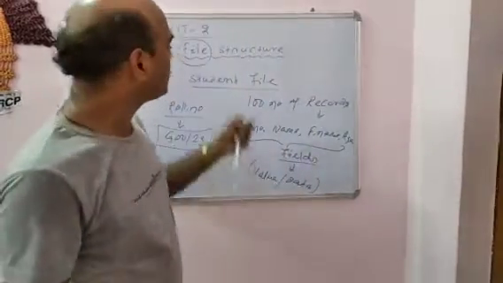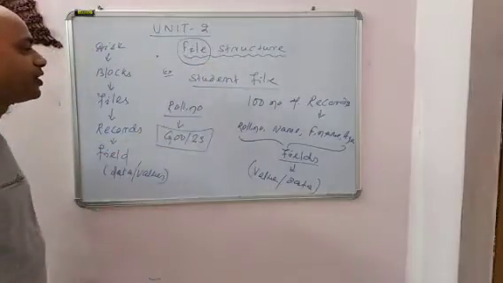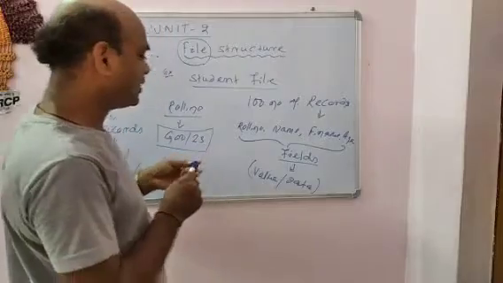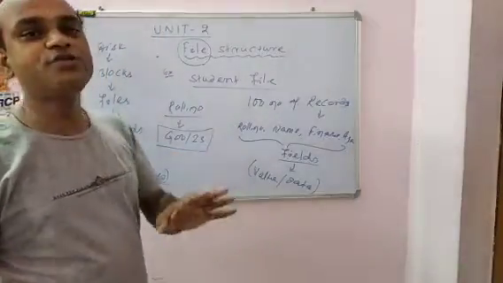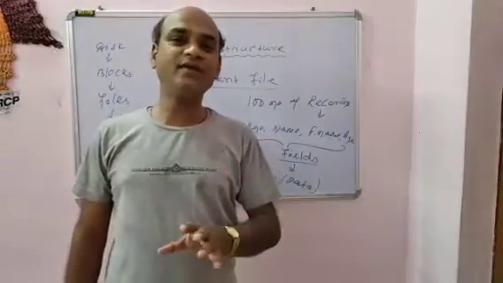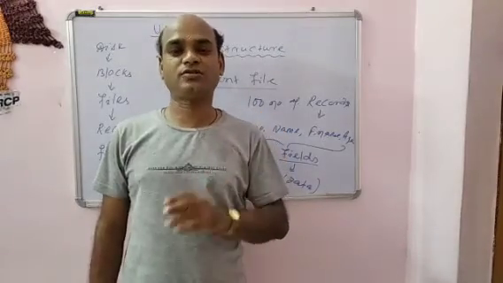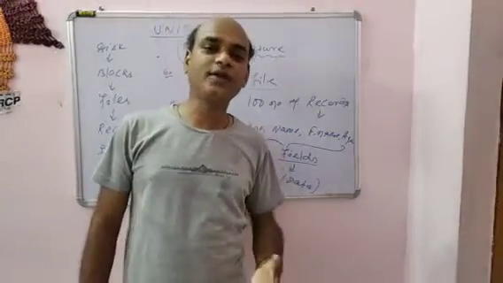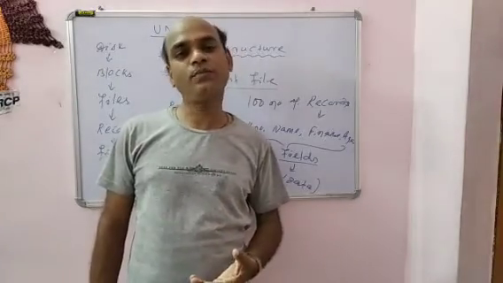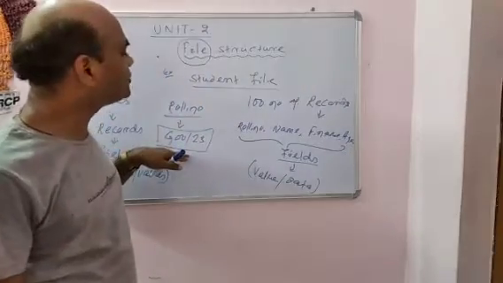We can retrieve it because these data or values are stored in an organized way, so that according to our requirement we can retrieve data very quickly. Very quickly we can search, retrieve, and access values from the database file, because these values are stored in an organized way.